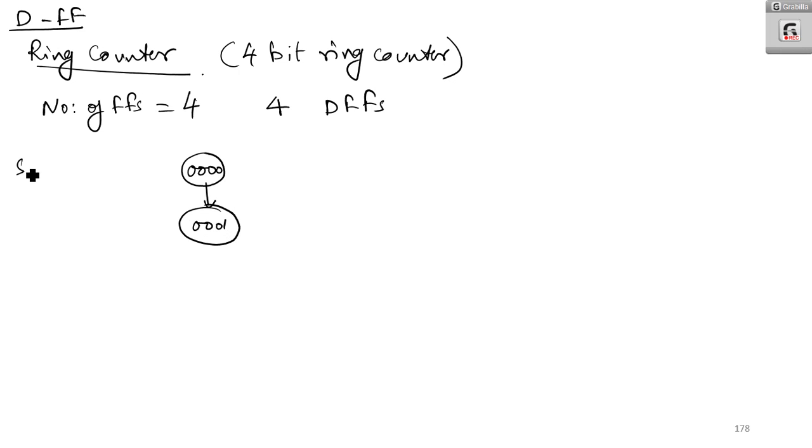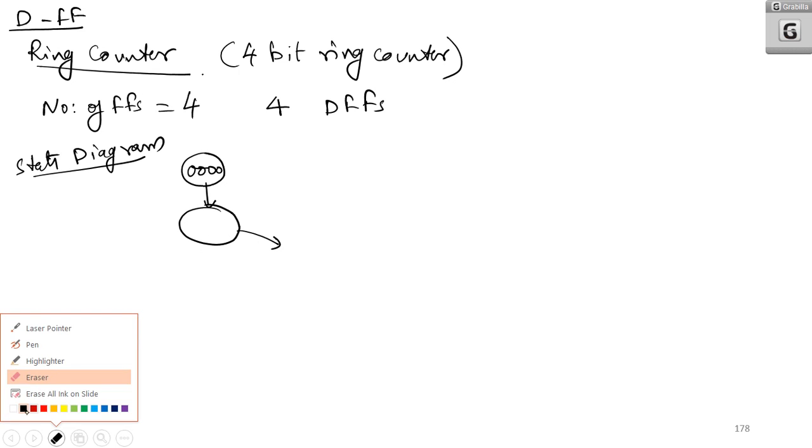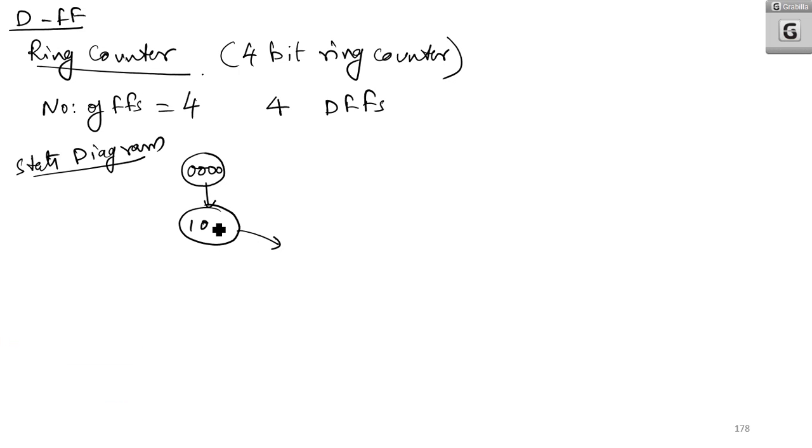So I am going to draw the state diagram first. Now 0001, then comes what? There is a mistake over there. Initially you are loading 1 to the first bit, that is 1 0 0 0, that is the MSB. Then in the next clock it will be changed, the 1 will be shifted to the next bit, so it will be 0 1 0 0.